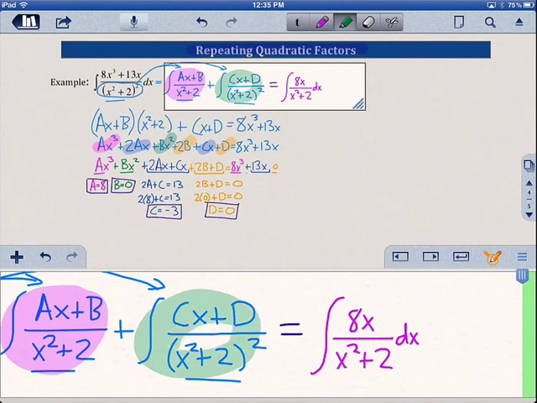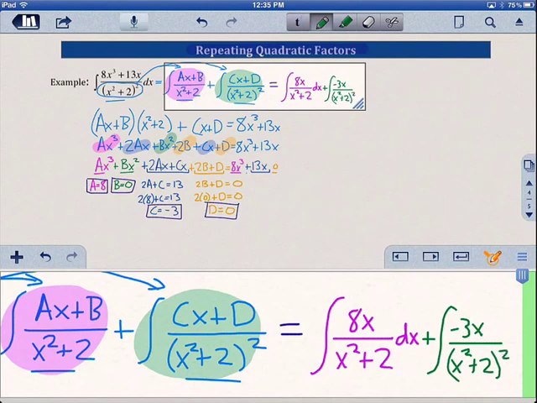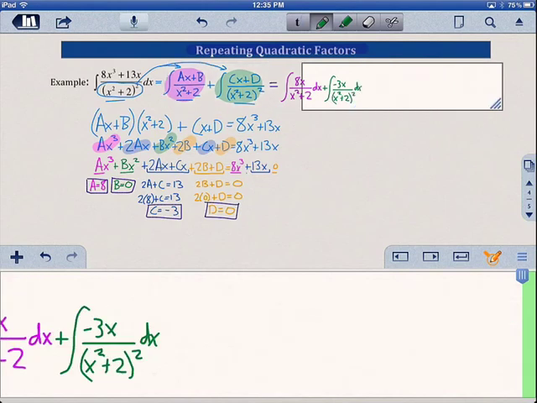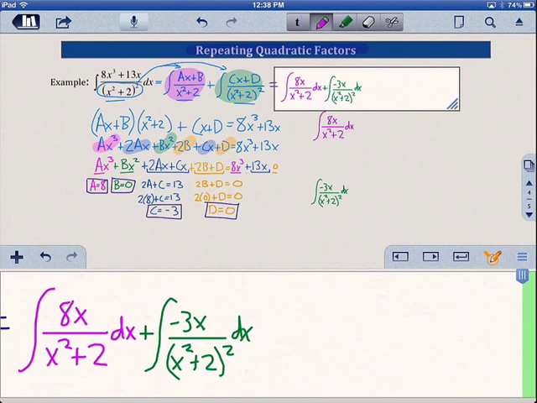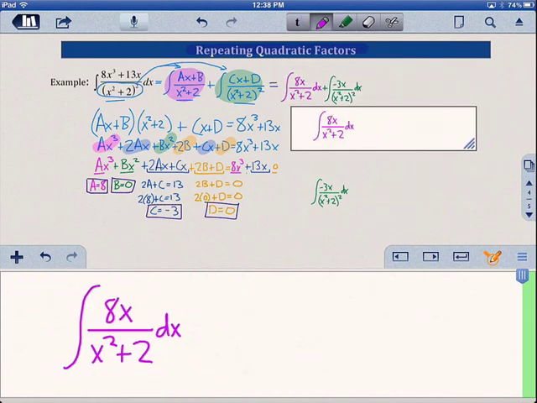And then here, for this integral, I get plus the integral of c, which is -3, so -3x plus d, which is 0, over x squared plus 2 squared dx. So let's go ahead and find these integrals separately, and then we can add them back together.